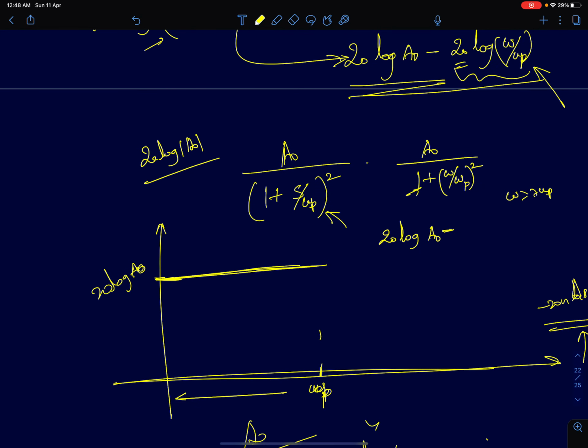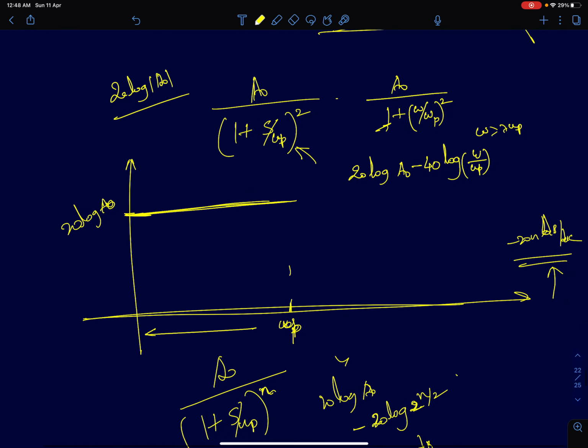I can write this as minus 20 log of omega by omega p the whole square, or I can write it as minus 40 log of omega by omega p. So this looks like a linear equation in log of omega. Therefore I can actually plot this function as a straight line.